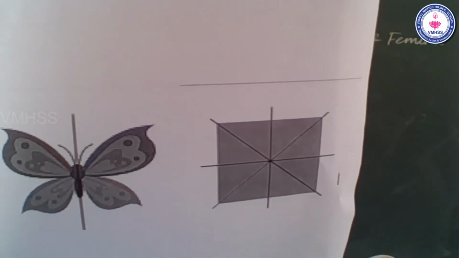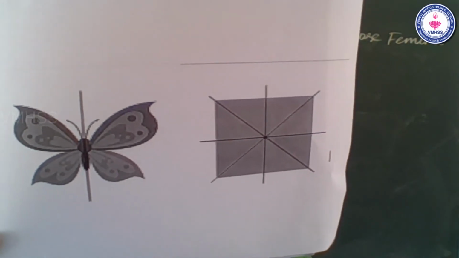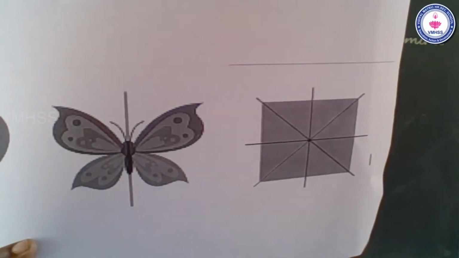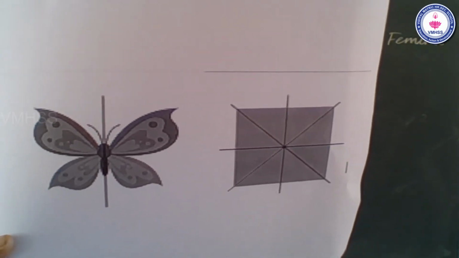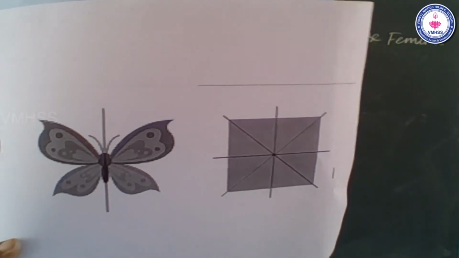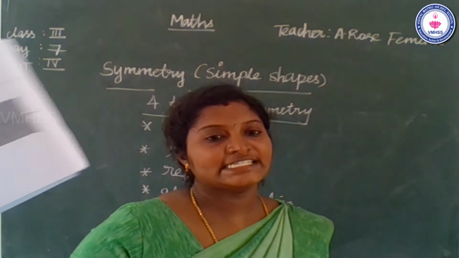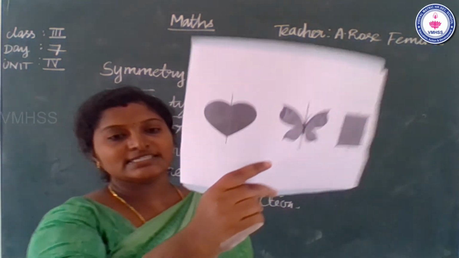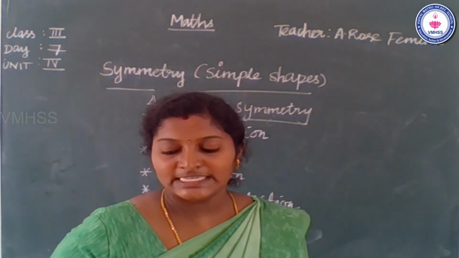The wings on the left side look exactly like the wings on the right side. The line that divides an object, the butterfly, into two equal parts is called a line of symmetry. Both sides are equal.